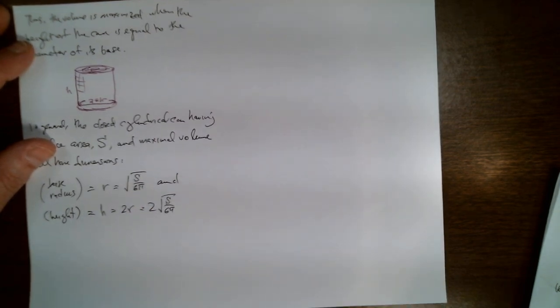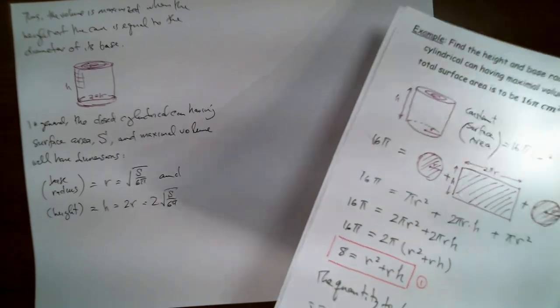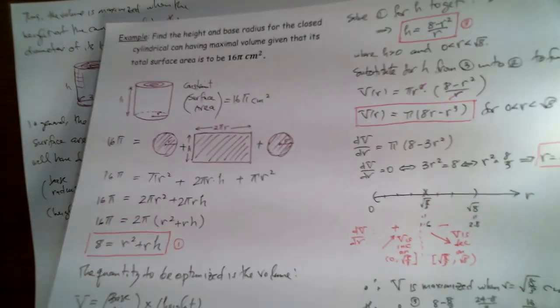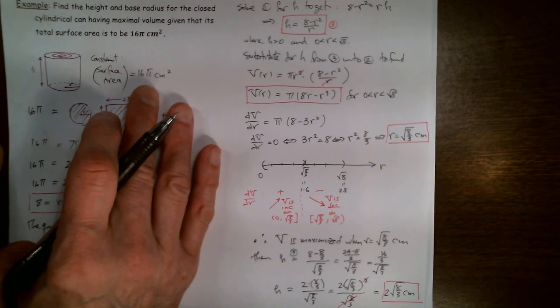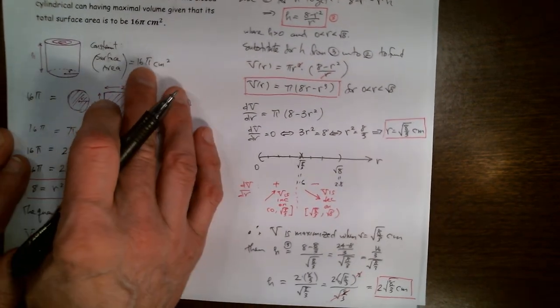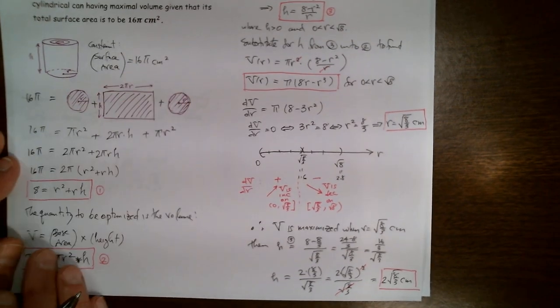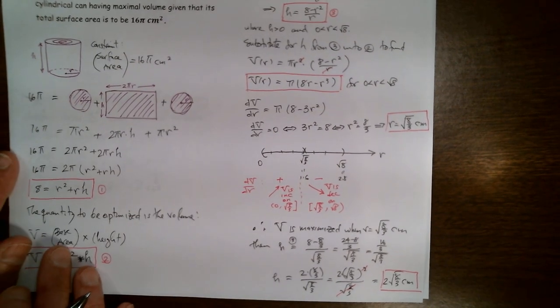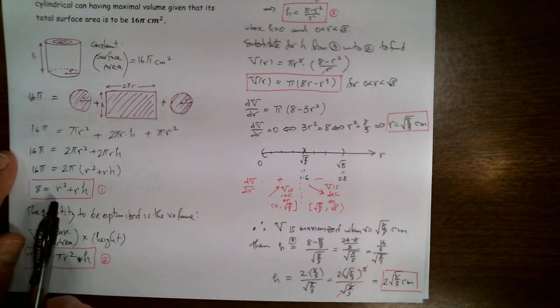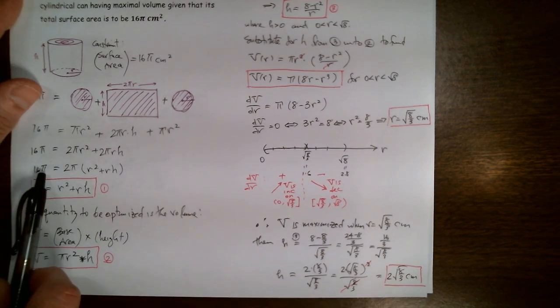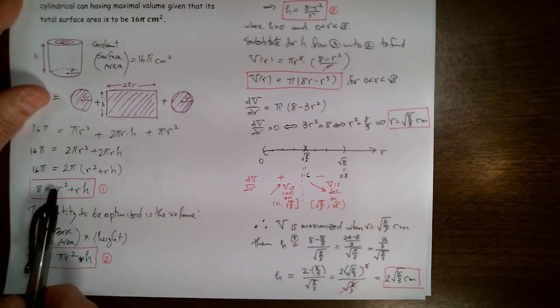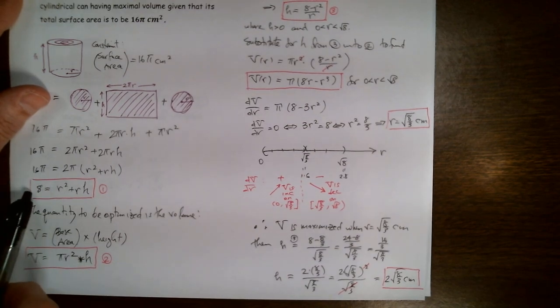And you could see that's true if we go back to the problem that we had previously solved. In that context, the 16 pi would become our S. And so when we relate r to h, we would have had S divided by 2 pi.